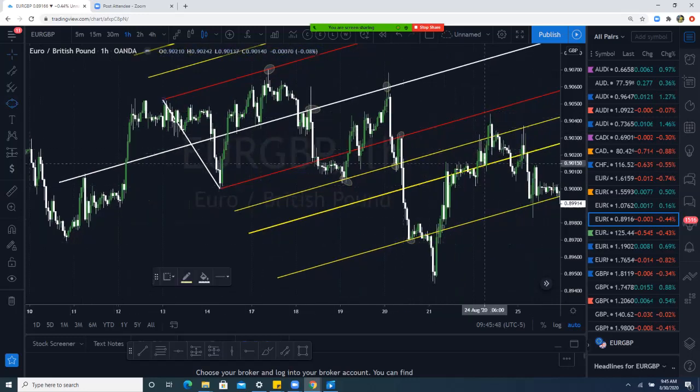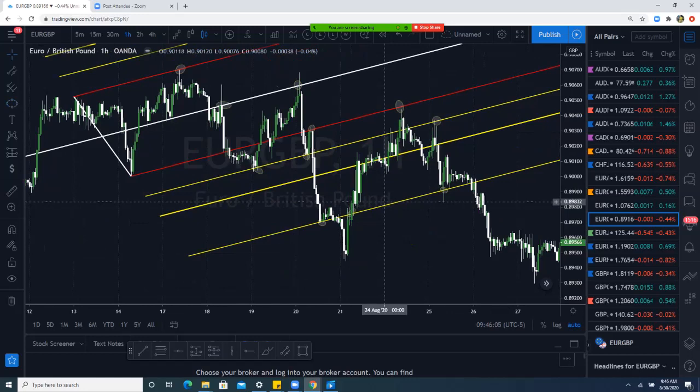And it just keeps going on and on. That's why pitchforks are very powerful, but there is a decent margin of error because it depends on how well you can draw them. But this is another form of diagonal support and resistance. So let's clear that out.